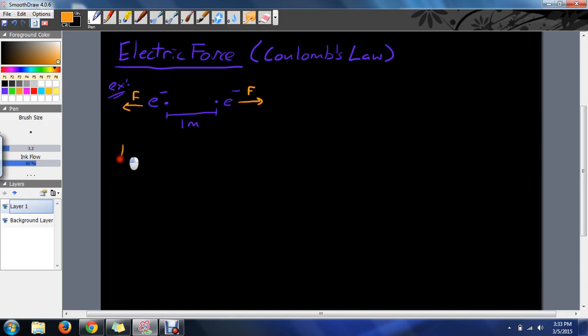And the value will be K Q over R squared, which would be K times E over 1 squared. So it will be K times E squared.